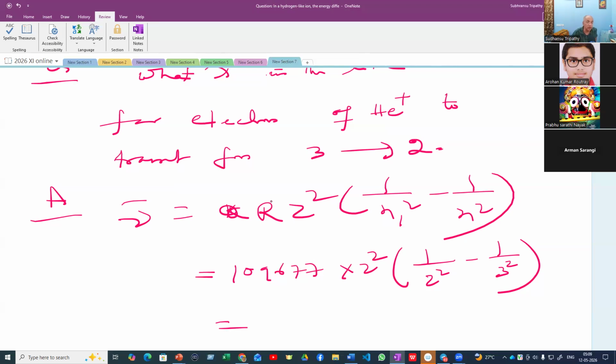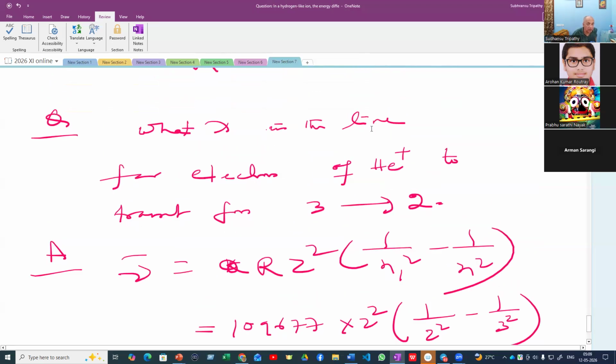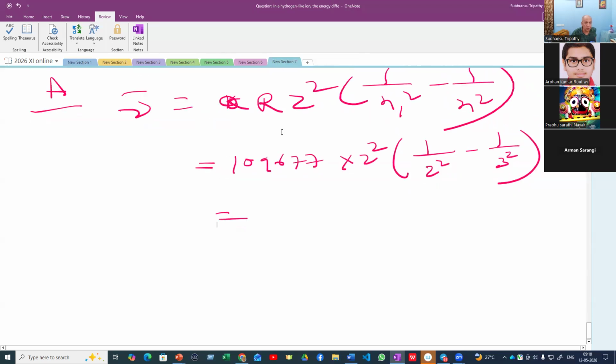Therefore, I didn't use the term Balmer here. Instead, I said, what will be the lambda for the line which you get in the He plus spectrum in the transition from third shell to second shell, which is the equivalent of the first line of the Balmer series in the hydrogen spectrum. So how much did you get?